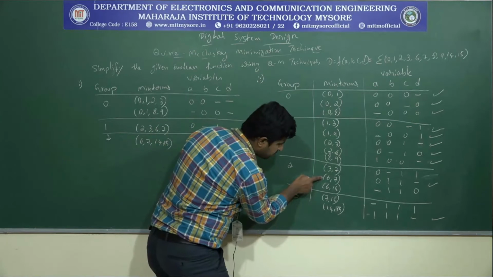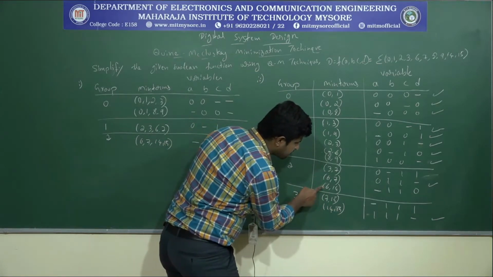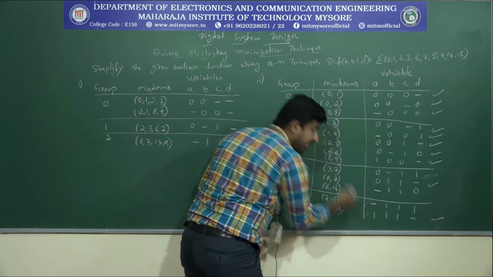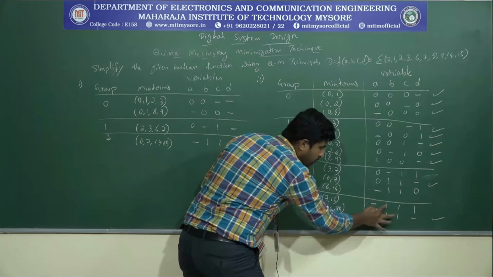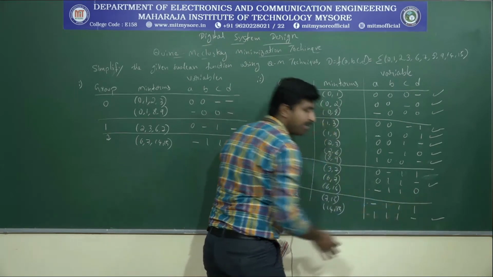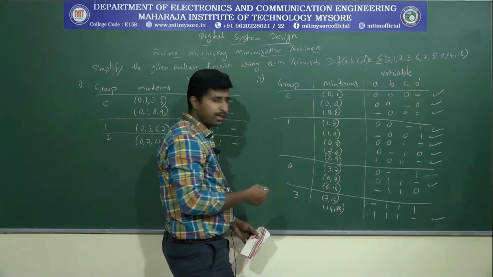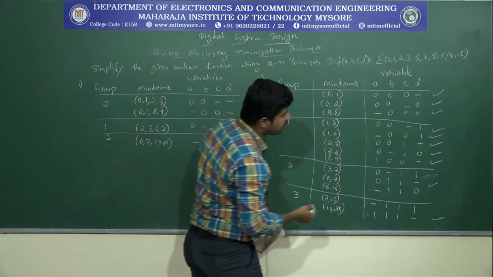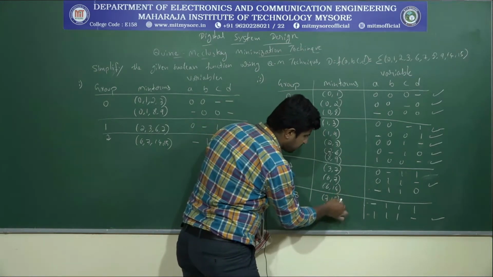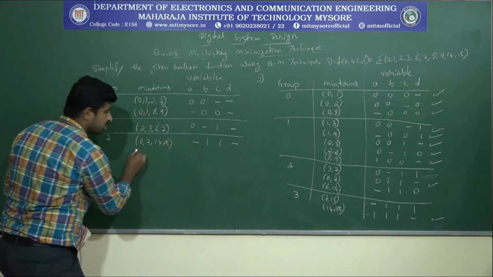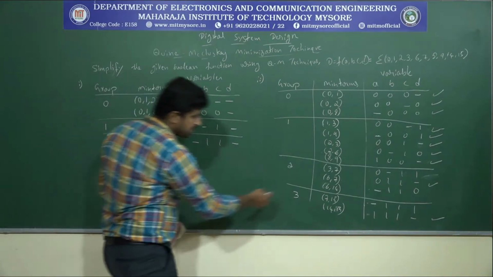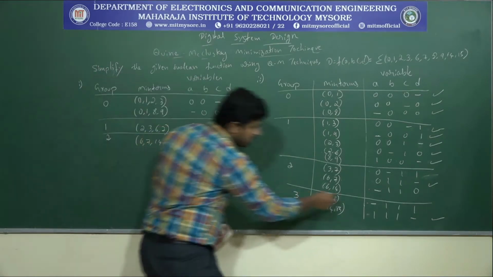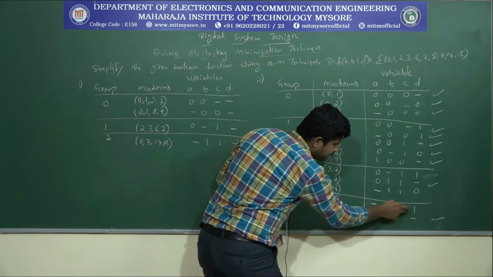Next, 6, 7 is compared over. Next 6, 14: the dash is here and in one more place in the same position, so we can compare dash 1 1 0 1. One variable has changed, so that can be included. So we can write 6, 7, 14, 15, which is already covered, dash 1 1 dash.